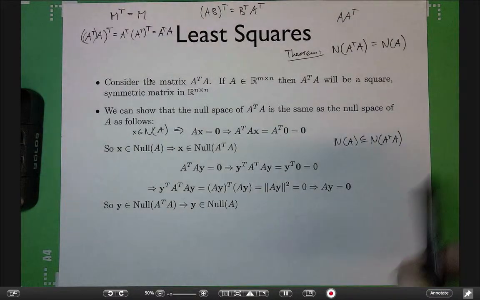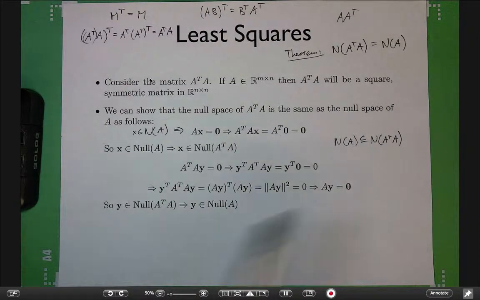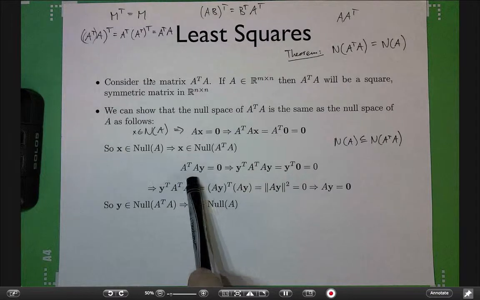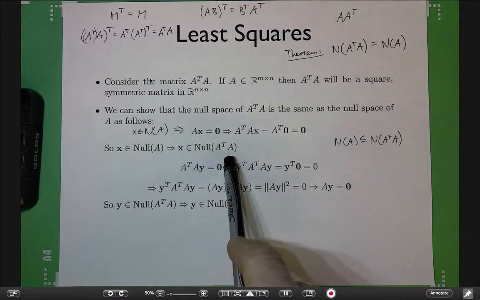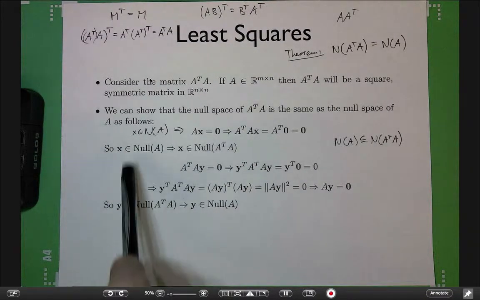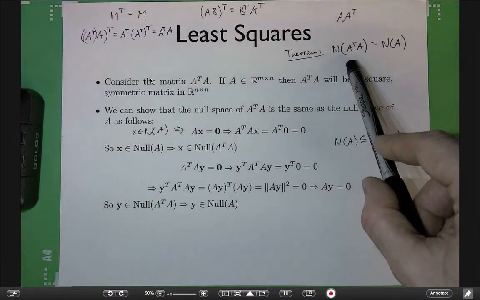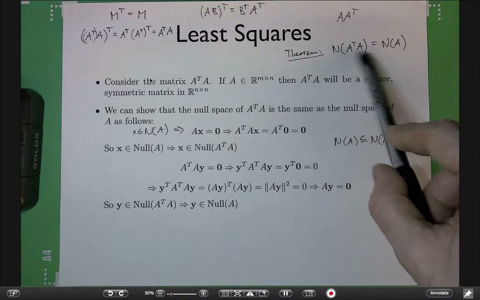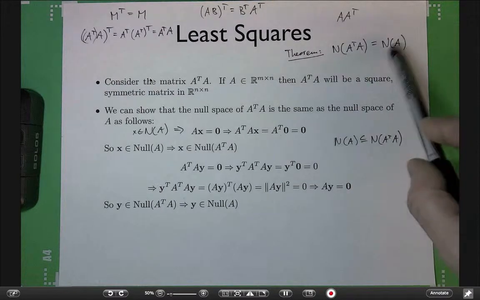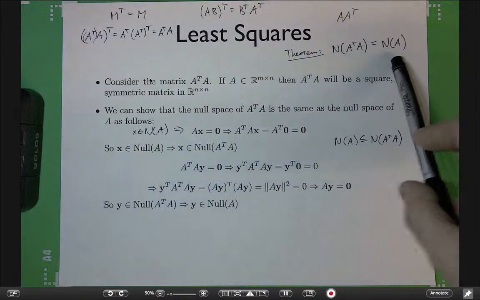Now we need to show that the opposite inclusion is also true. That's a little more tricky, but not super tricky. What I need to show is that if I take a vector from the null space of AᵀA, it will be in the null space of A. So let's see.